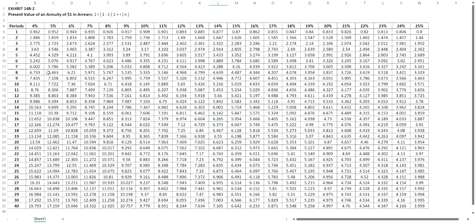I'm going to go across the 6-year row, and I am looking for 3.295. Now, I don't find it exactly, but you can see it's between 3.245 and 3.326. So as I look up, that is between 20 and 21%.